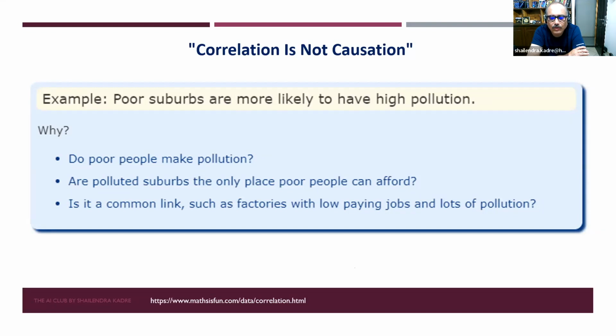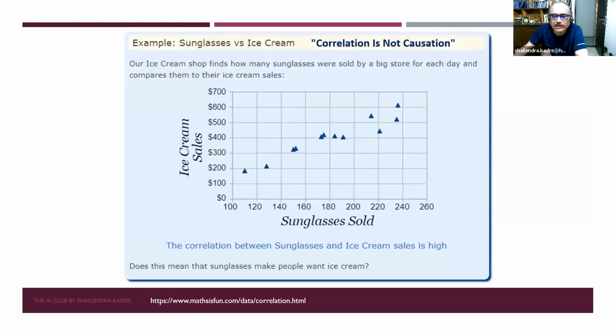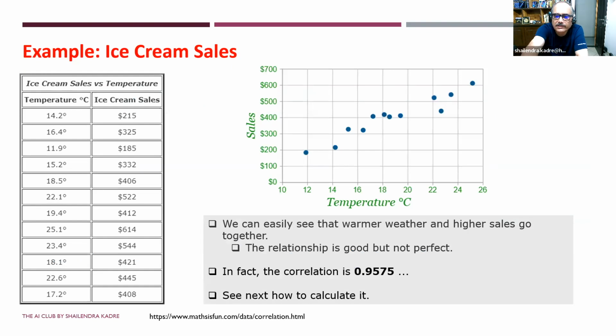The only thing I want to tell you is, if X is increasing and Y is increasing, that doesn't mean that the increase in X is causing the increase in Y. Like here, you can say a rise in temperature causes a rise in ice cream sales. If the rise in temperature is causing high sales of ice cream, I can understand the causing.